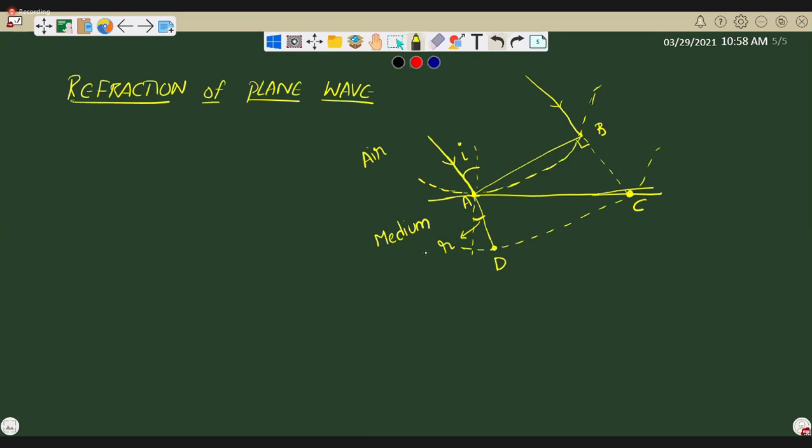Clear? Now we know that the velocity of a wave will change whenever there is a medium change. So how do we define the refractive index, given by mu? Mu is equal to speed of light in vacuum divided by speed of light in medium.